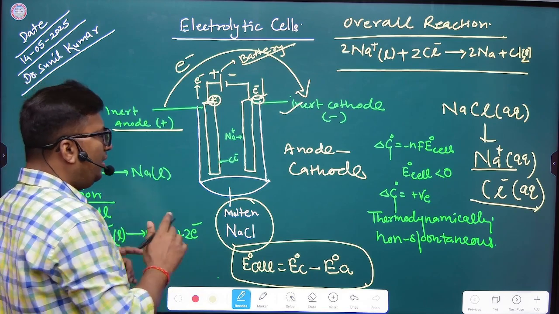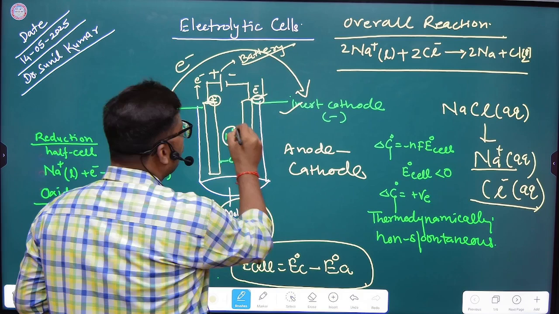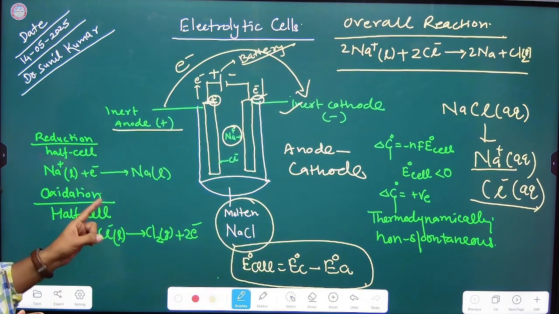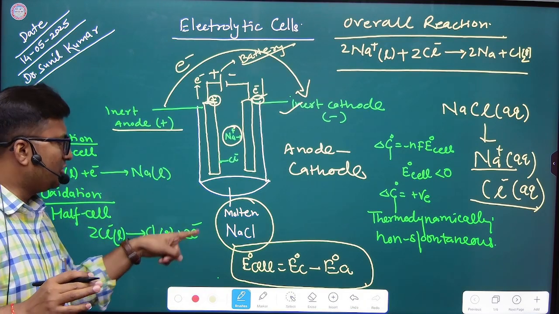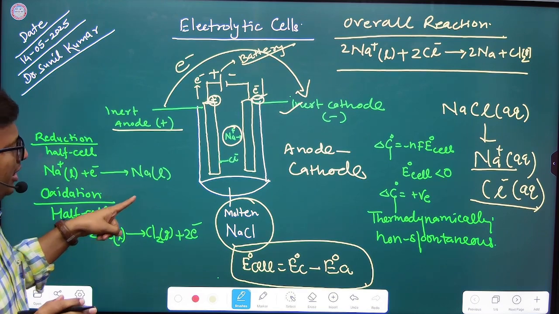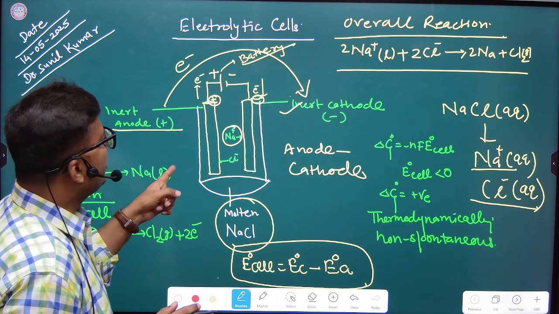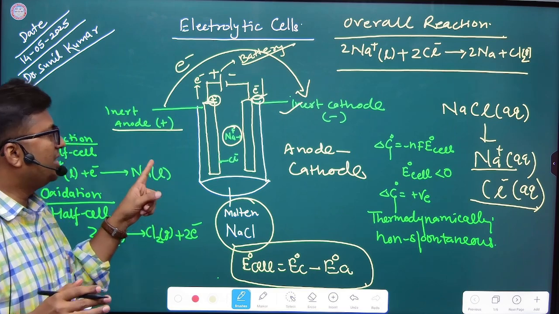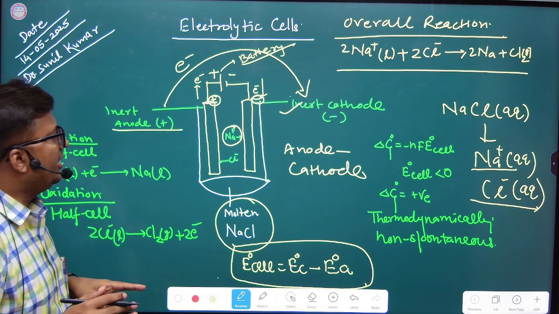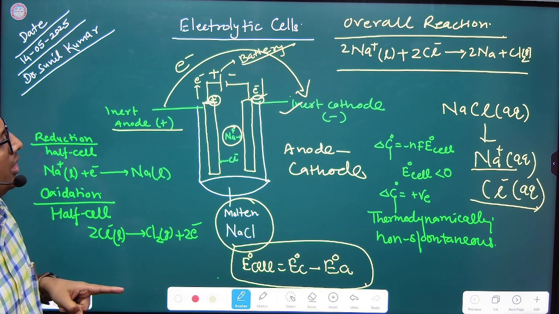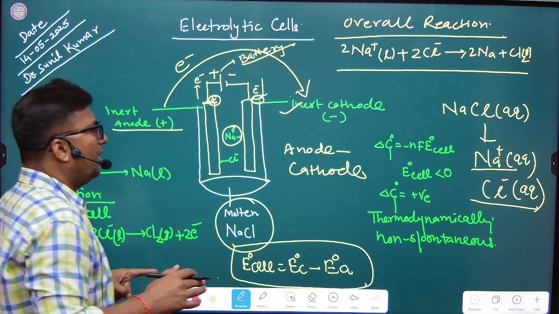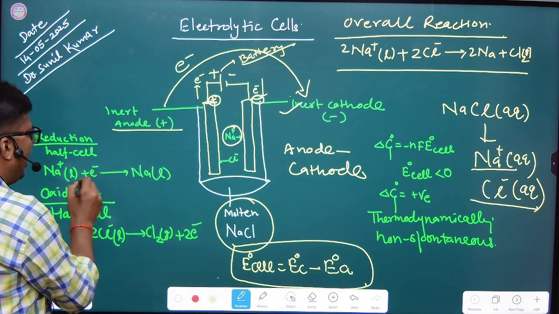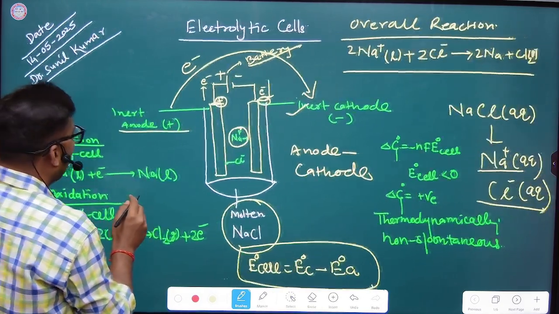So what happens here? Now this sodium Na+, which is a cation, is present in molten sodium chloride or aqueous sodium chloride. Now this Na+ is electron deficient since it has a positive charge, so it easily flows towards the cathode that is negatively charged, and it easily accepts an electron, right?